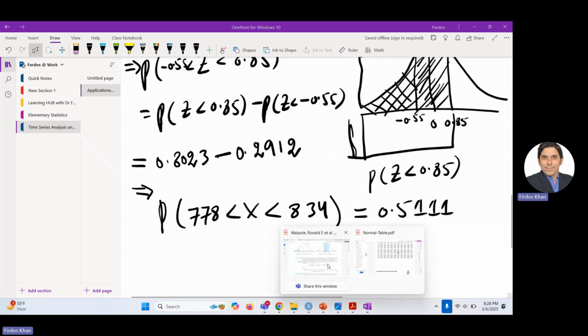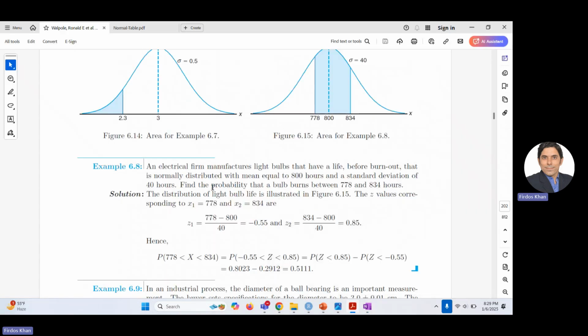The question is, find the probability that a bulb lasts between 778 and 834 hours. So you can say that the probability that a bulb's hours lie between 778 and 834 is 0.5111, or you can say 51% of the bulbs have hours between this and this. So you can interpret it like this.